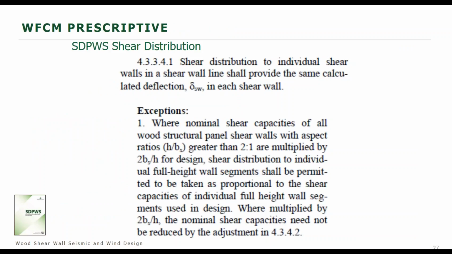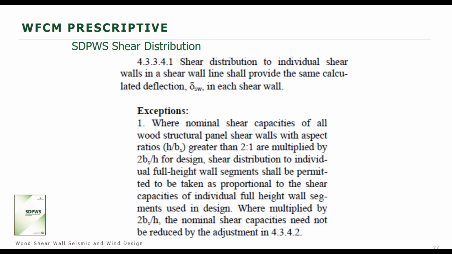There is a footnote in Table 3.17D that refers you to SDPWS. I want to show you the note from SDPWS that talks about this aspect ratio capacity adjustment. There are limits, and we're going to look at them several times, on the aspect ratio of the shear wall segments.